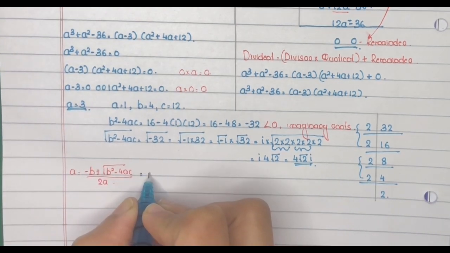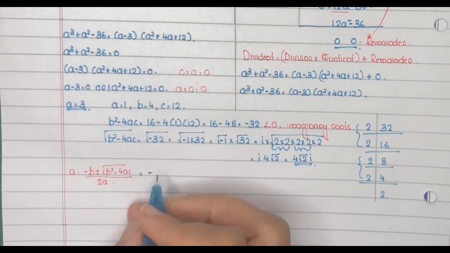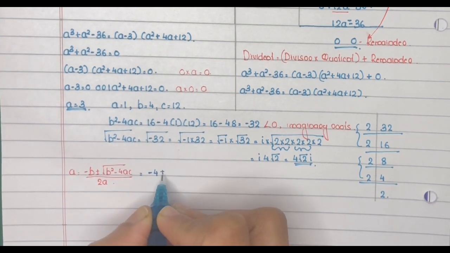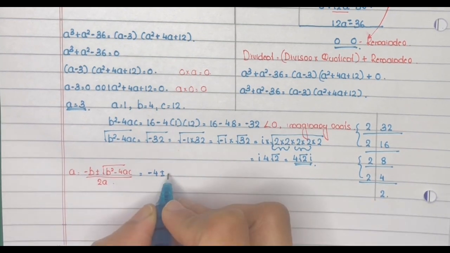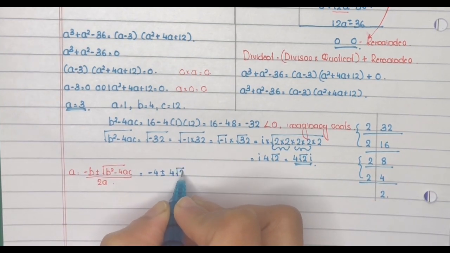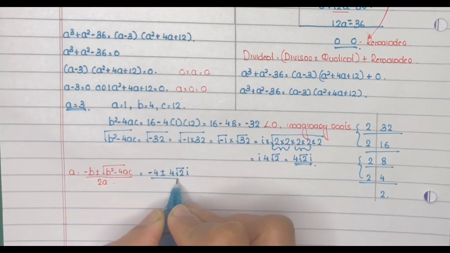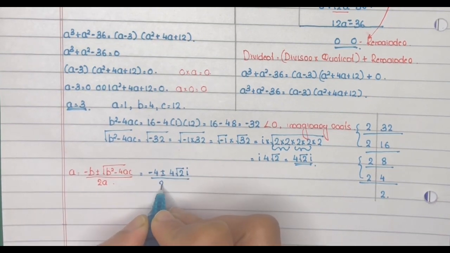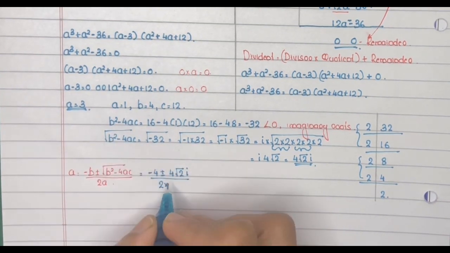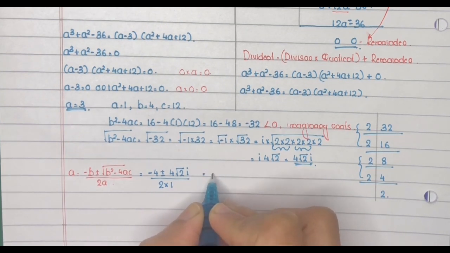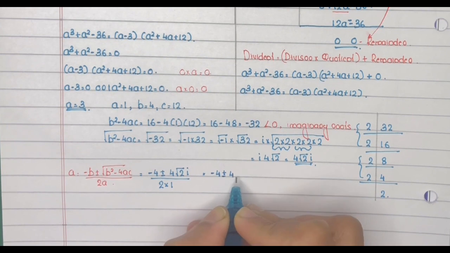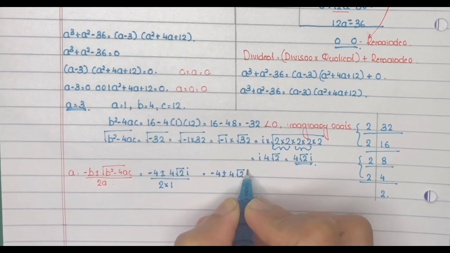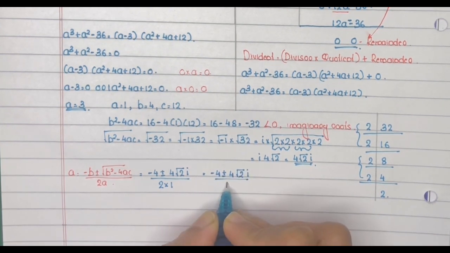This is equal to minus b, which is 4, plus or minus root of b square minus 4ac, which is 4 root 2i, by 2a. 2 into a, equal to 1, equal to minus 4 plus or minus 4 root 2 i by 2 into 1 is 2.